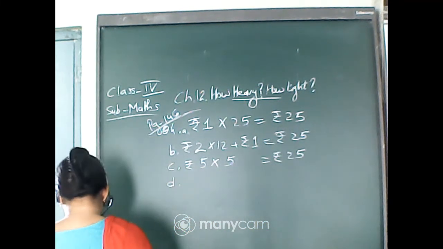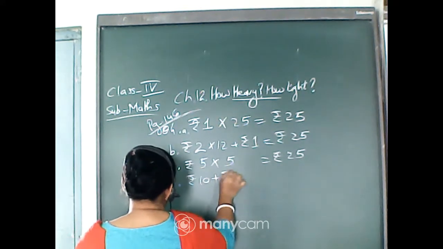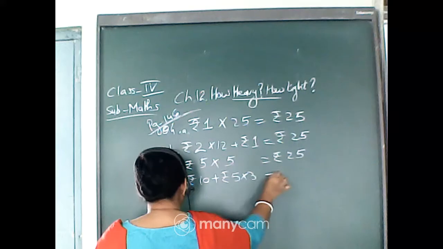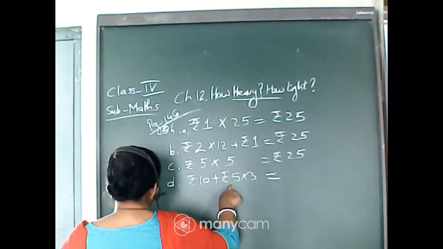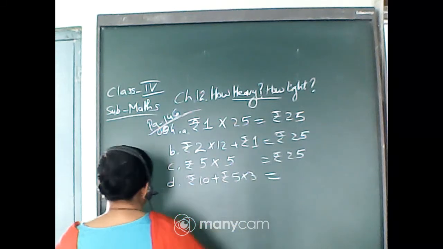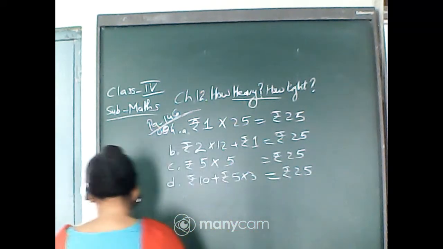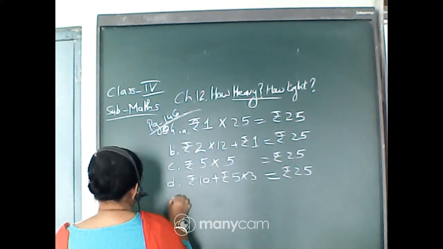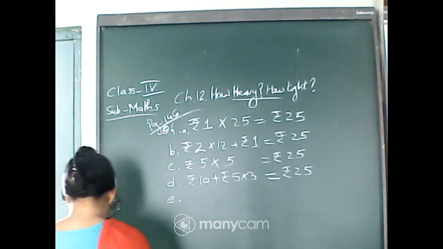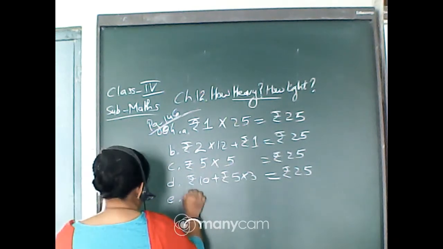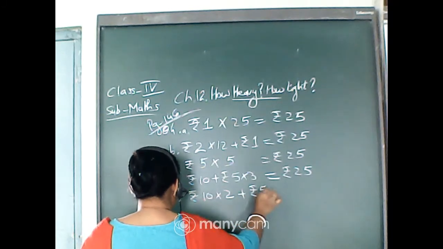Then for one more option, rupees 10 plus rupees 5 into 3. That means 1 rupees 10 stamp and 3 rupees 5 stamps. That will also make rupees 25. And one more, 5 different ways you have to write. So one more you can write, rupees 10 stamp 2 plus rupees 5 stamp.